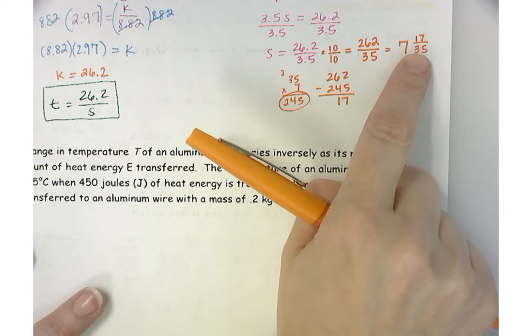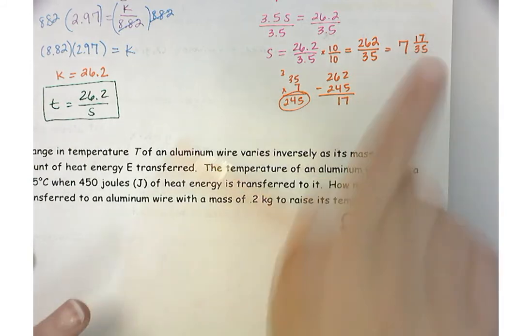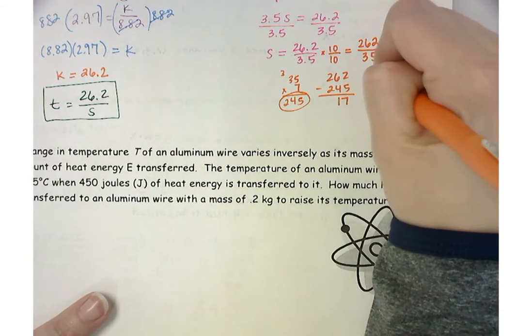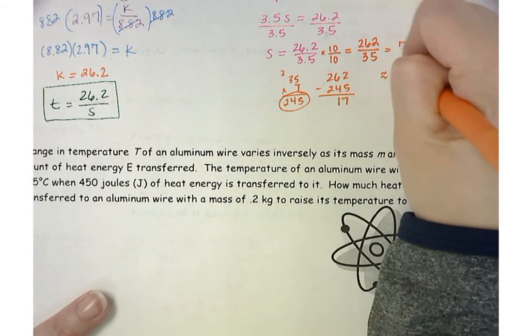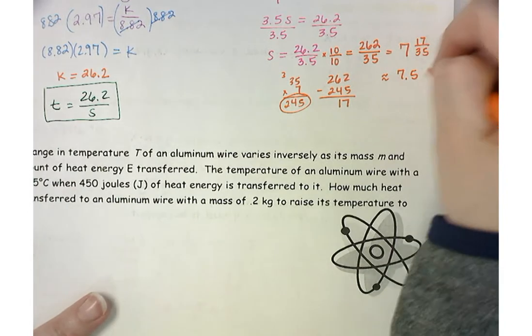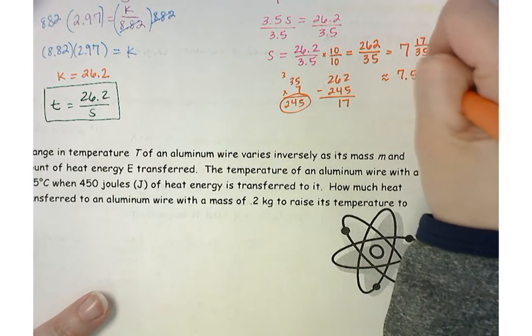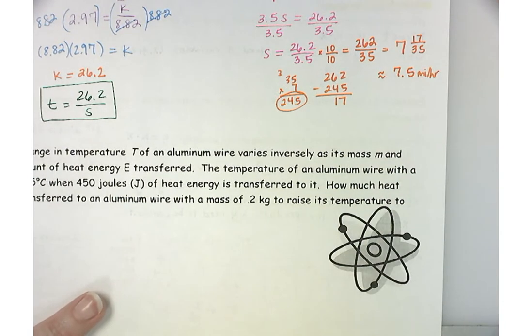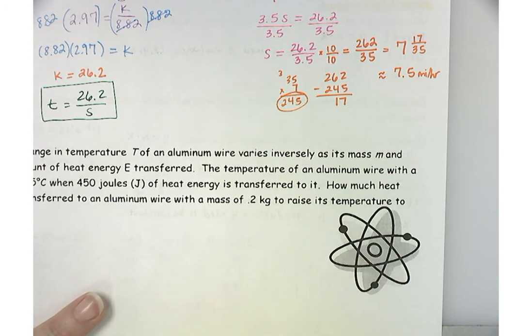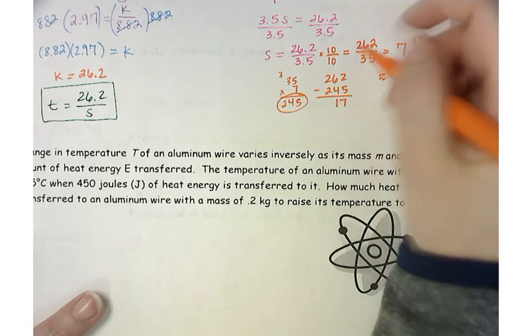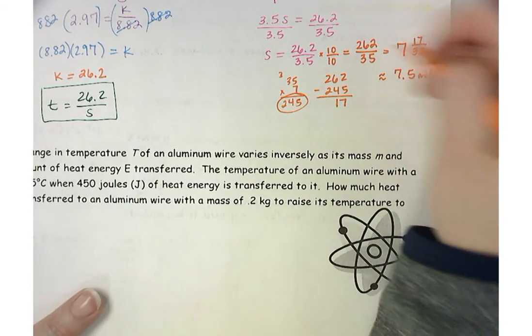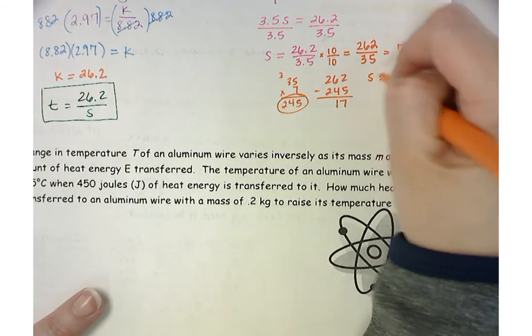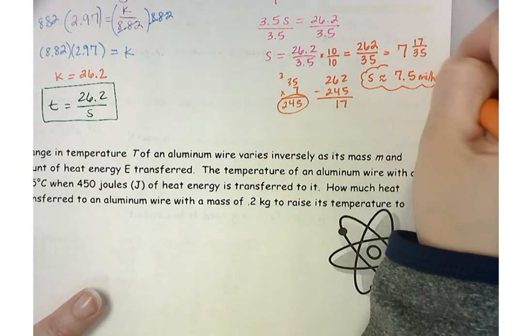Example 3 starts off talking about the change in temperature. So it's the change in temperature T of an aluminum wire, and that varies inversely as its mass M and directly as the amount of heat energy E. Okay, so we have 2 different types here that are combined.